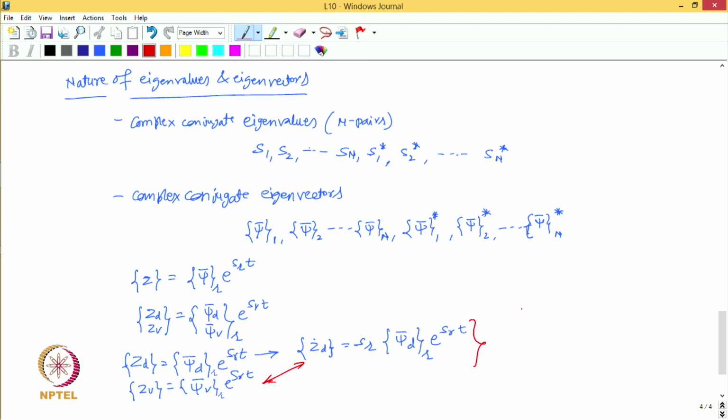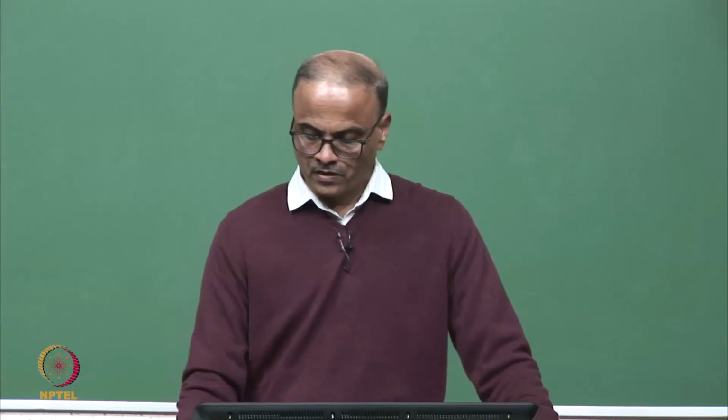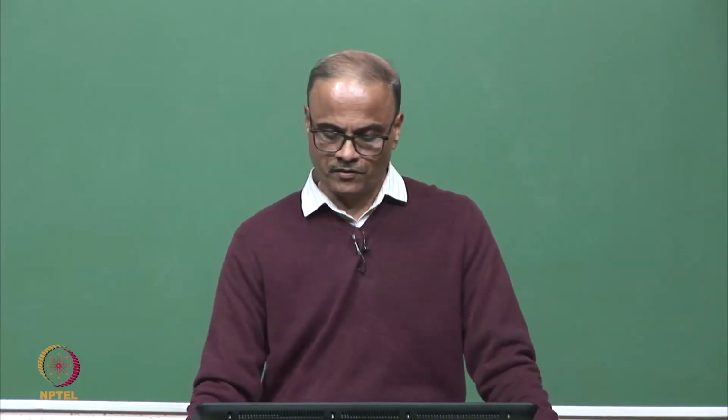We know that the left hand sides of these two equations are equal, because ZV is nothing but ZD dot, and hence we can see that the psi bar V vector is equal to SR into psi bar D, right. So, this is the relationship: the velocity part of the eigenvector is equal to the eigenvalue SR times the displacement part of the eigenvector, right.